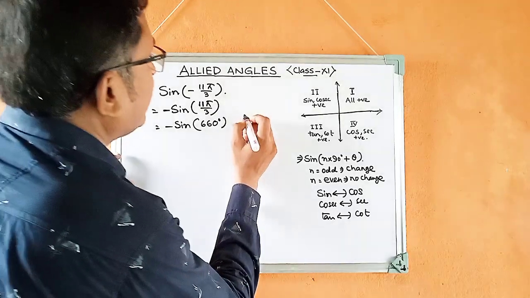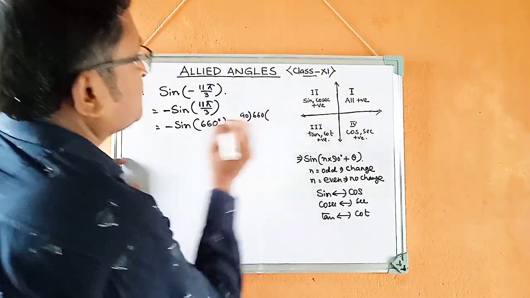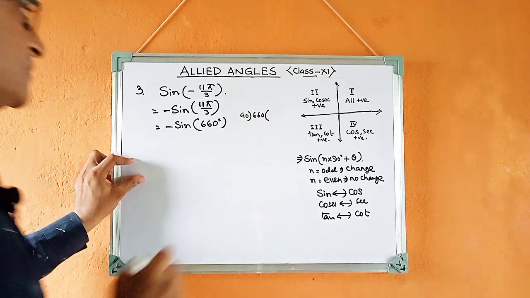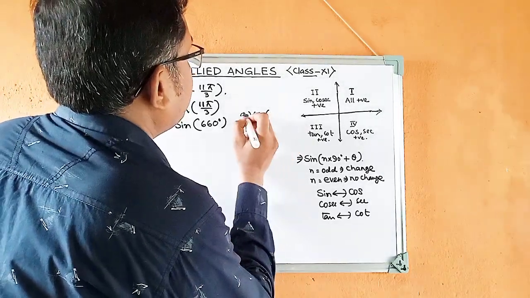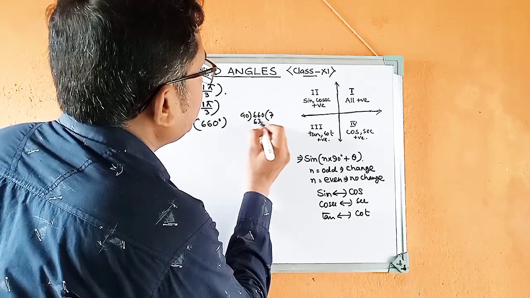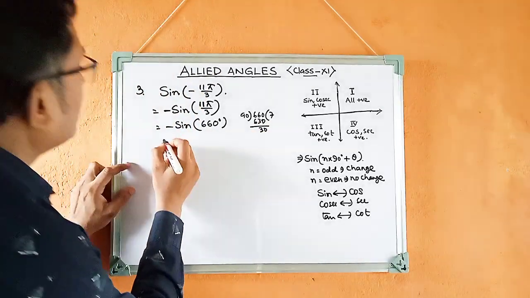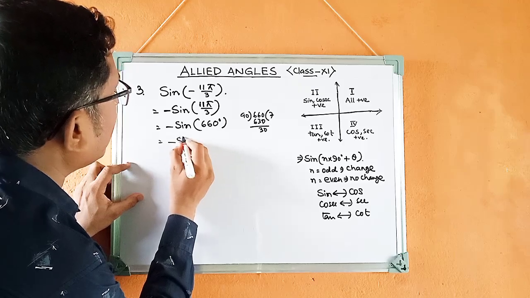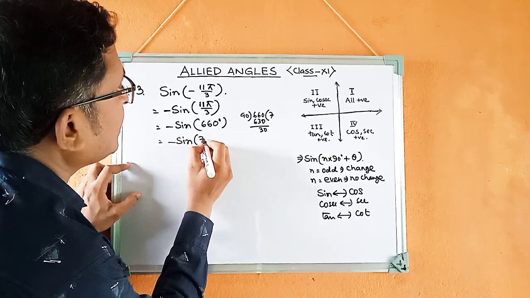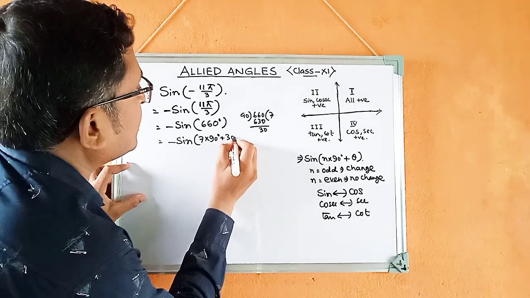Now find the value of minus sine 660 degree. Now divide by 90. 7 nines are 630 and the remainder is 30. So we write minus sine 7 into 90 degree plus 30 degree.